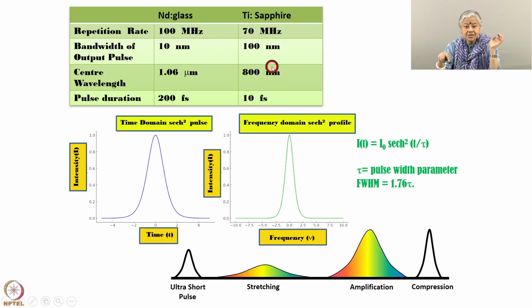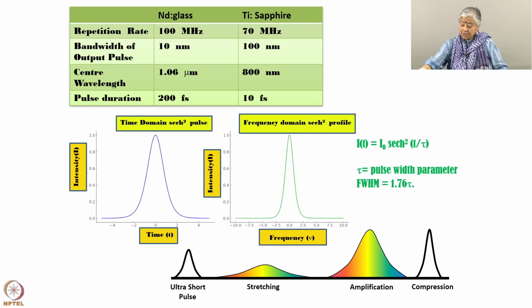So, in this comparison we do expect a shorter pulse from titanium sapphire, and a longer pulse from ND glass. But 200 femtosecond is still under the category of ultra short pulses. The center wavelength in the case of ND glass is 1.06 micrometer, as you know, and for titanium sapphire it is 800 nanometer. The wings of course add to the bandwidth that you speak of.